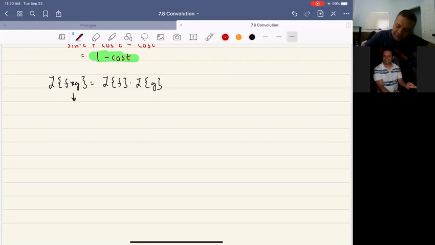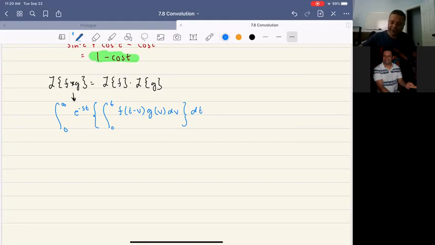We're going to start from here. This equals the integral from 0 to infinity of e to the negative st times the integral from 0 to t of f of t minus v g of v dv, and that's dt.